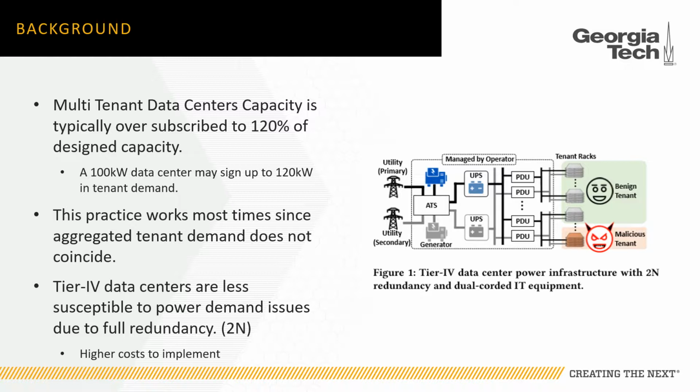So on the right, we have an illustration of a tier 4 data center with 2N redundancy, meaning that it is completely diversified, and the data center has redundancy in the utility side, generators, UPSs, all the way to the power distribution units in the rack space.